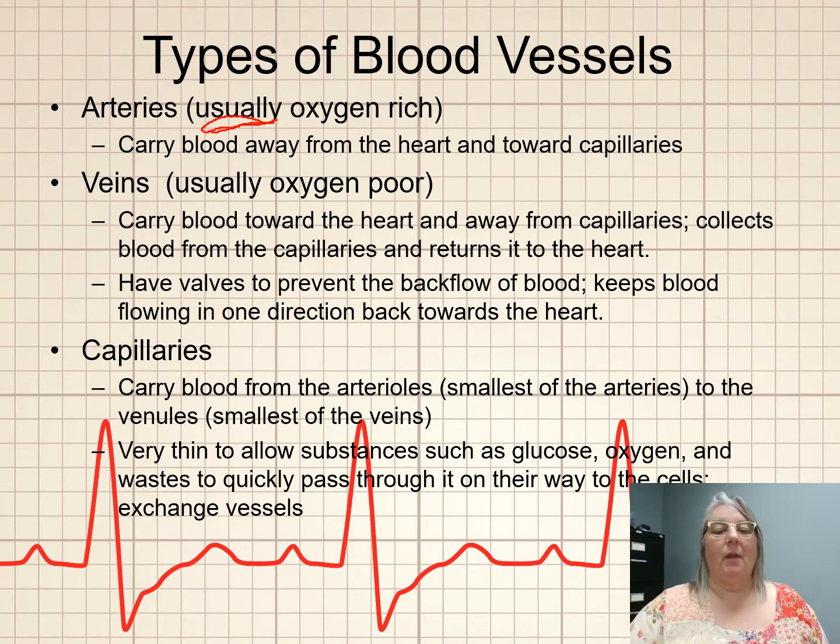Because it hasn't gone to the lungs yet, so it hasn't collected oxygen. How about a vein? Well, usually veins carry poorly oxygenated blood. Except for one. Which one would it be? What brings the blood back to the heart after it's been oxygenated? The pulmonary vein.